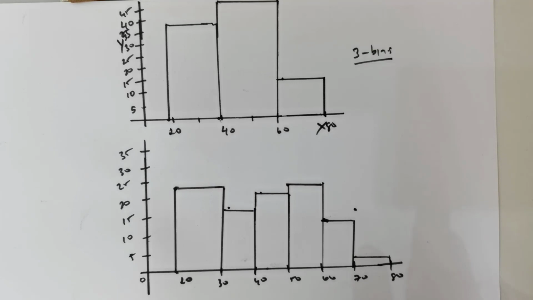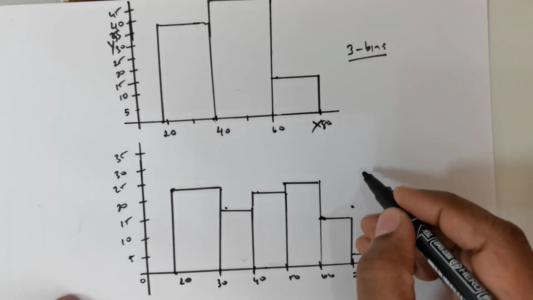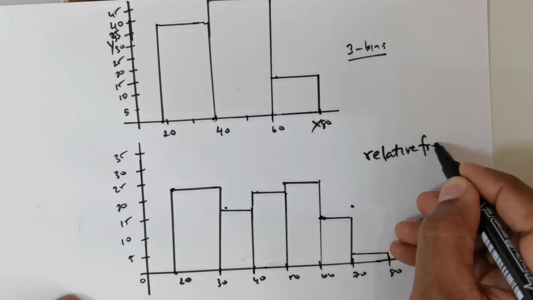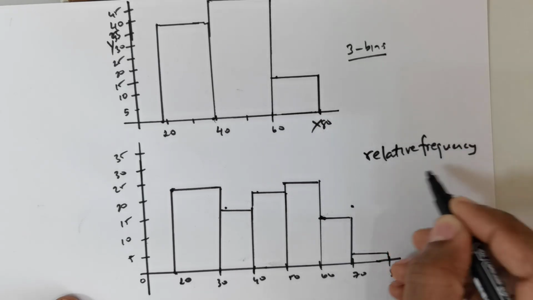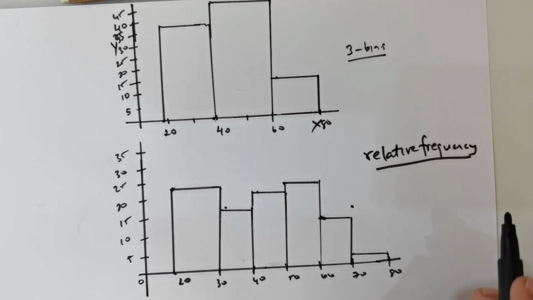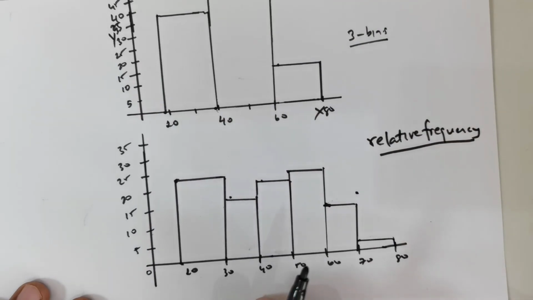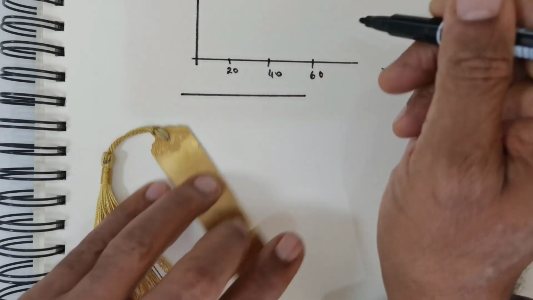Now you may be wondering, can I get a relative frequency distribution? Is it possible for me to get a relative frequency? Yes, I told you relative frequency gives us the proportion. Of course you can get the relative frequency. Now if I were to draw the relative frequency for this, we need to draw the table first.